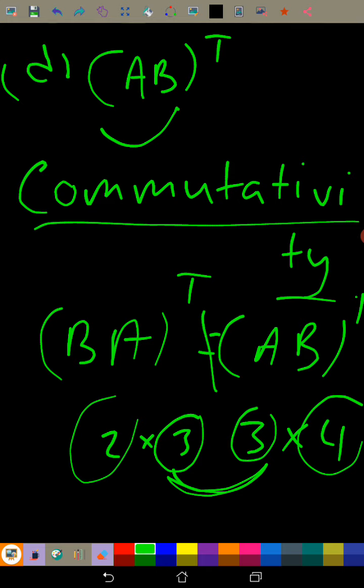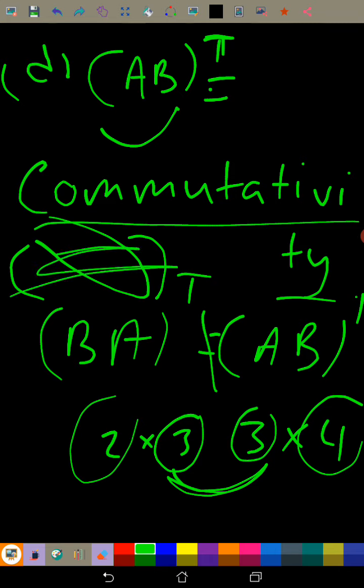So if you have a transpose of a product, you made the multiplication, and then you just interchange the rows and the columns.